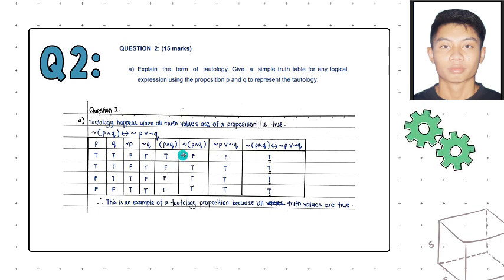So we proceed to the second part, which is negation P disjunction negation Q. Disjunction works like an or. So if one of the variables is true, then it's going to return true. So from this bit we can see that negation P and negation Q, F and F, is going to result in false, and then false and true is going to result in true.